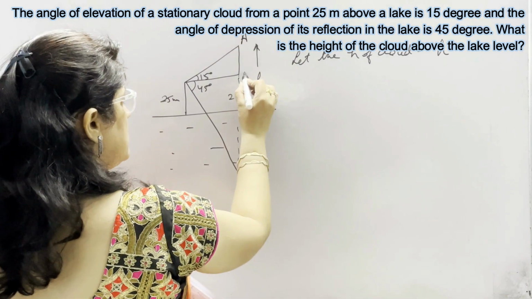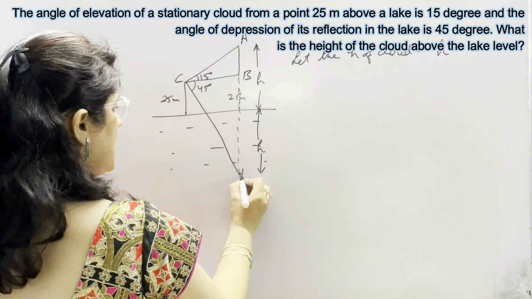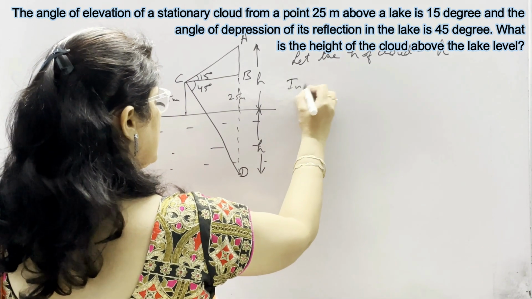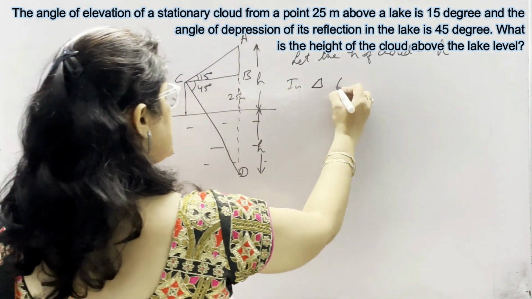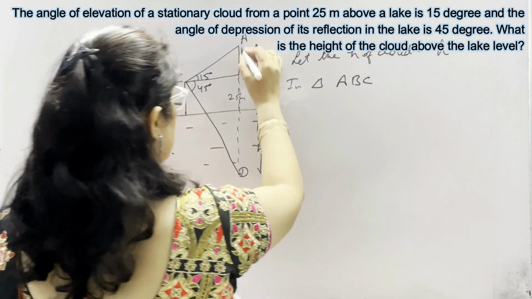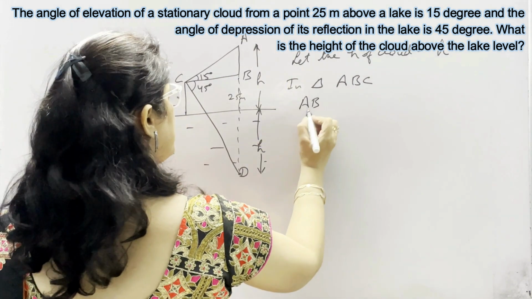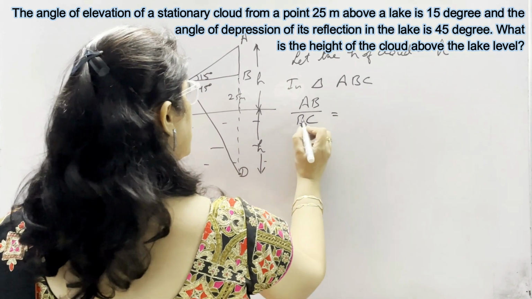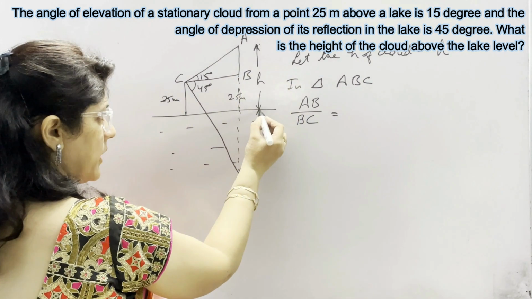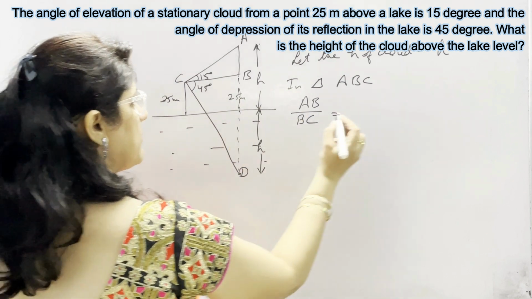Now taking triangles A, B, C and then D. In triangle ABC, this smaller triangle, AB upon BC. The value of AB is this total H minus this 25.